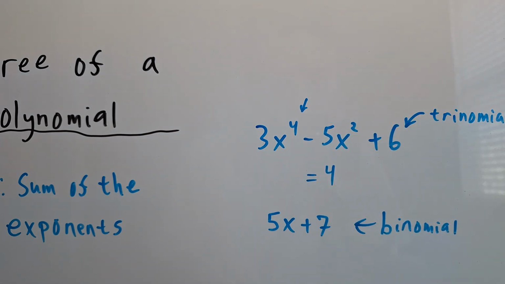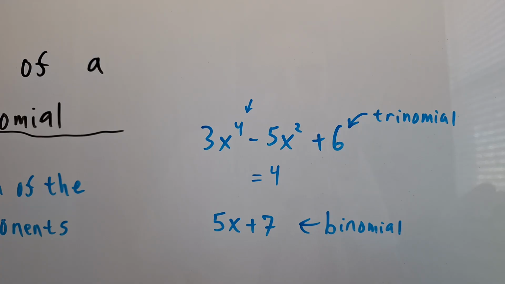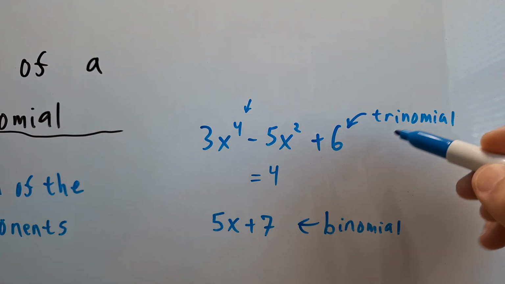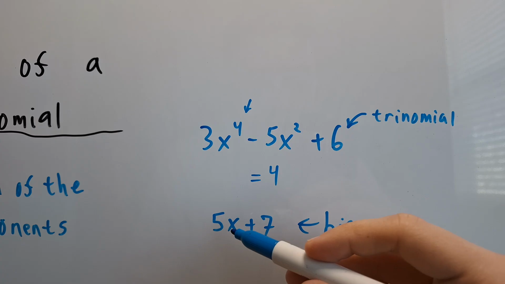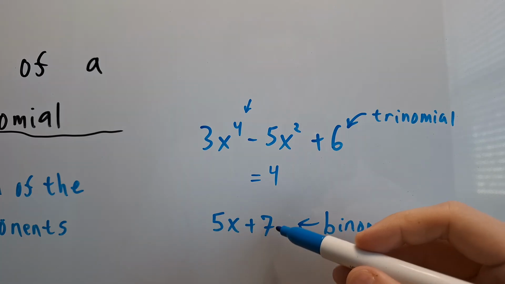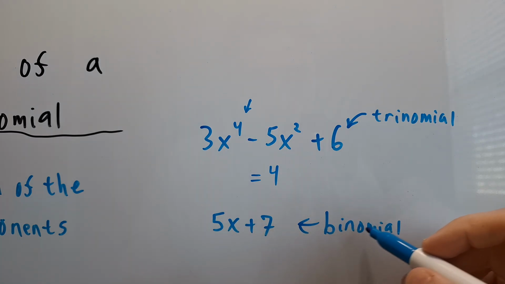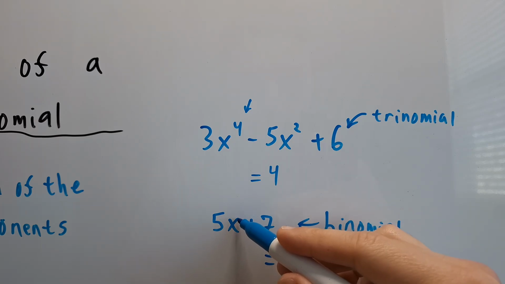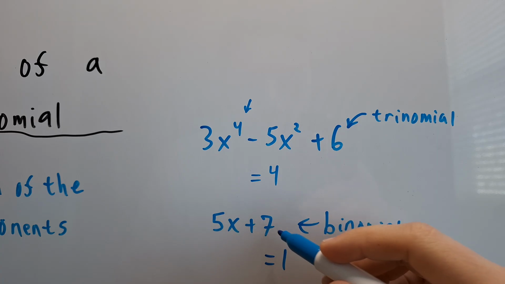And remember that terms are separated by addition and subtraction. So 1, 2, 3 terms, trinomial. Here we have a binomial, 5x and 7. The degree of this binomial is 1 because the exponential value here is 1.